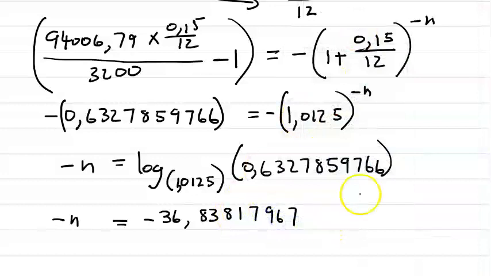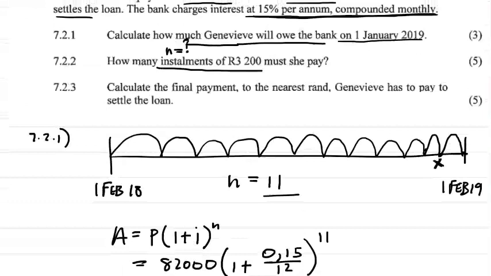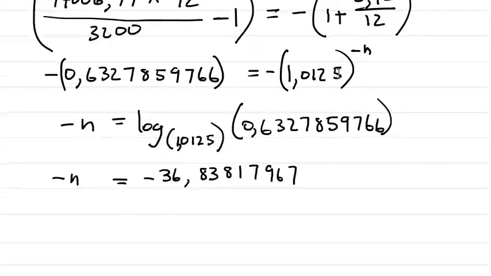Now let's go look at the question one more time. What do they ask us for? They say, how many installments of 3,200 rand must she pay? So to answer that particular question, it would be n equals 36.